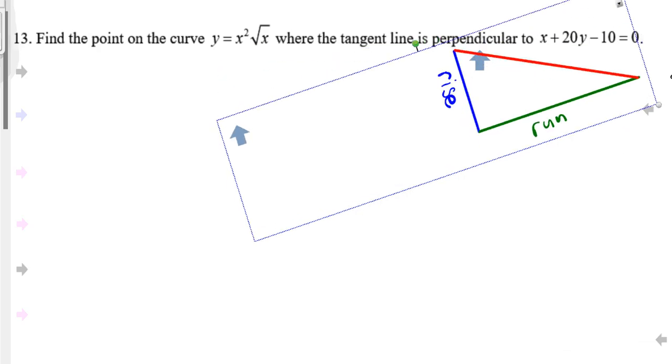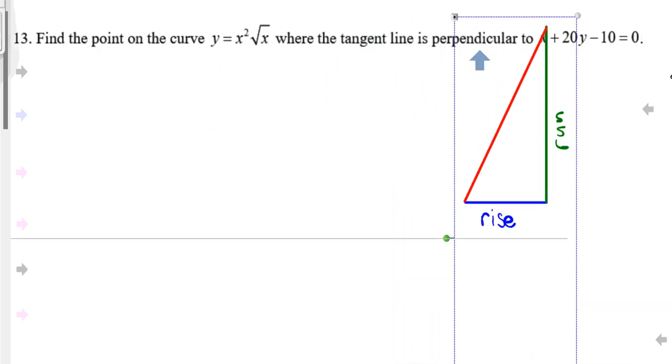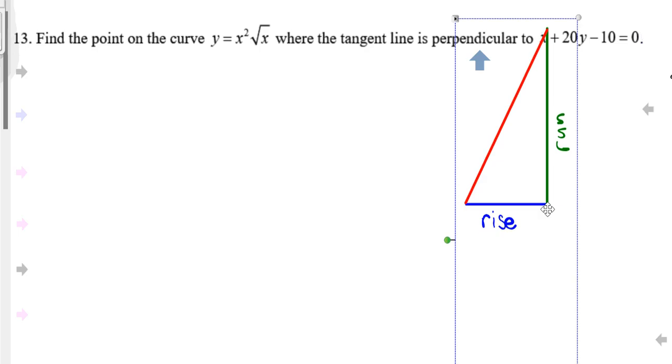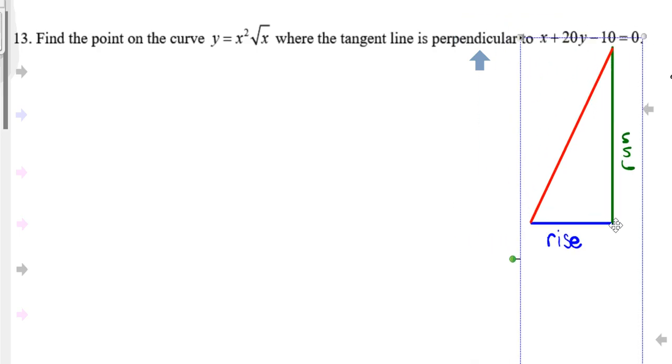So if I want something perpendicular, well, there we go. That would be perpendicular. My rise and run switch places, and my slope switches from positive to negative. So we'll start tomorrow's class by going over this question.